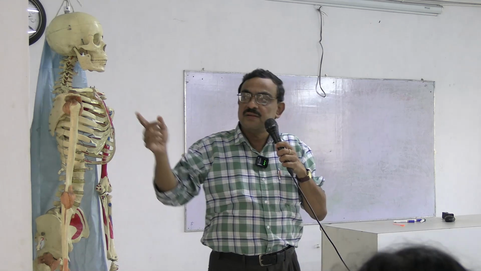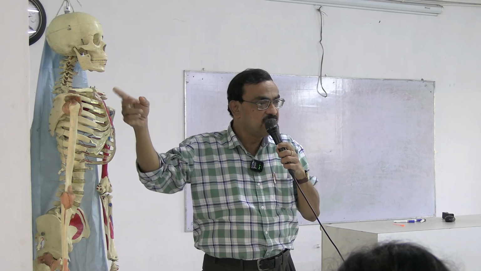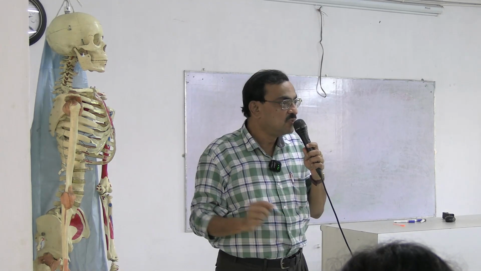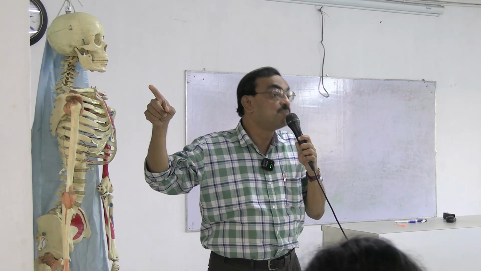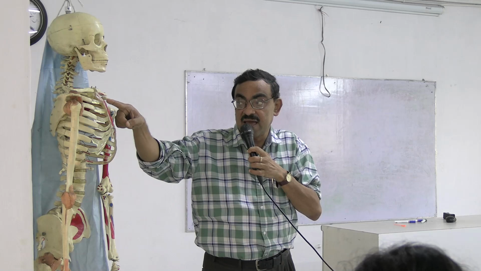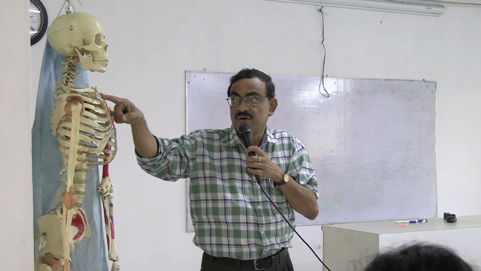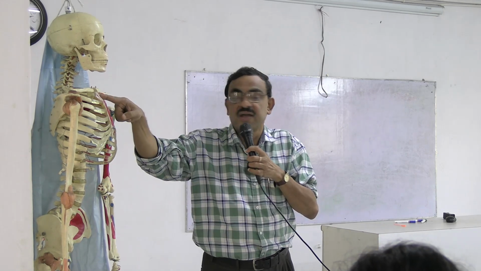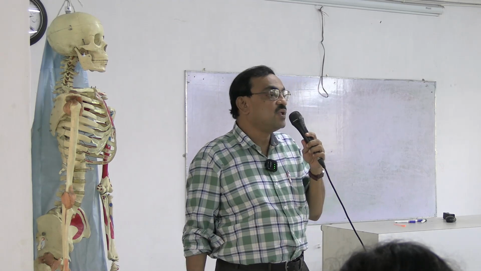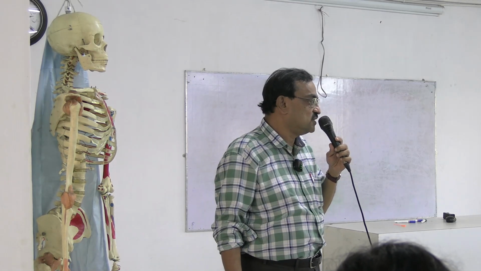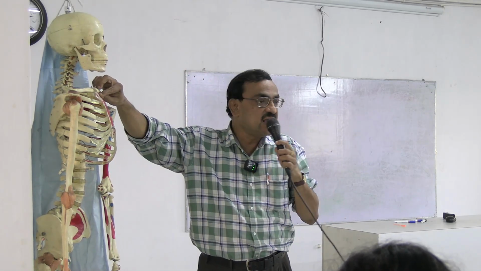Here it is attached to the clavicle. We know the subclavian groove, and this subclavian groove is for attachment of the subclavius muscle. This muscle takes its origin from the first rib, and it is a tendinous origin.